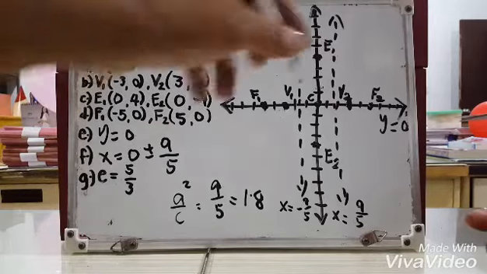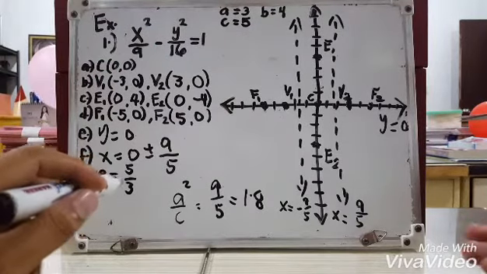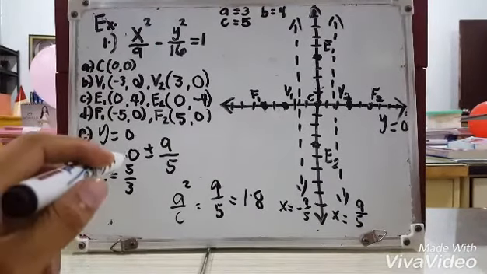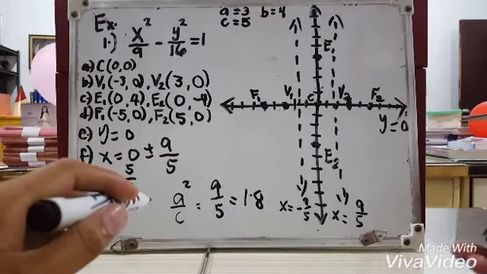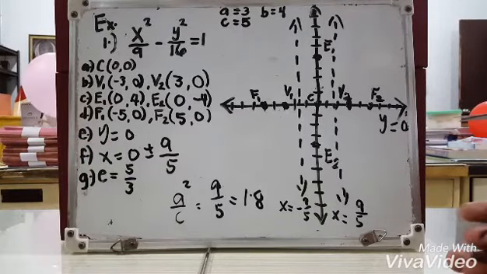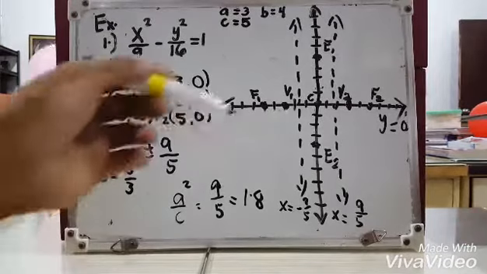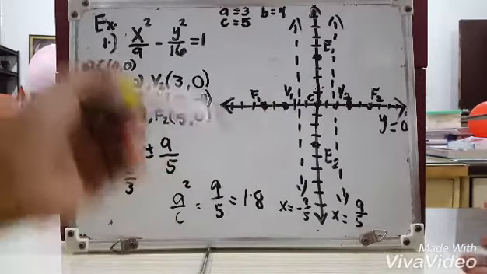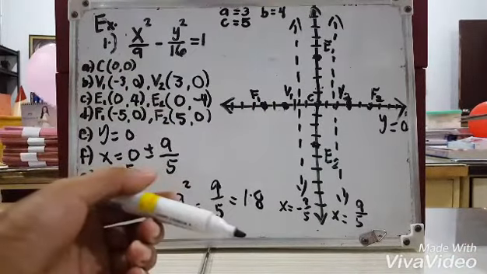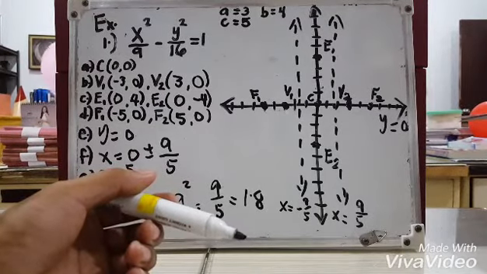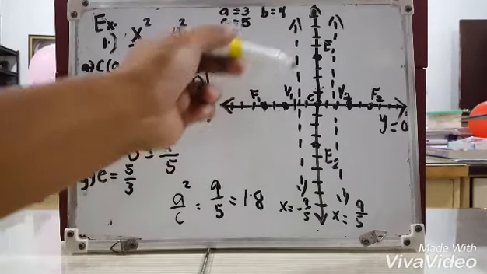Okay, next. So we have already plotted, class, all the necessary properties of the hyperbola. So how do we form the hyperbola? Take note that we have here the vertices. So what we do, class, is this. We make vertical lines and parallel lines, or line segments rather, that pass through the vertices and the endpoints.